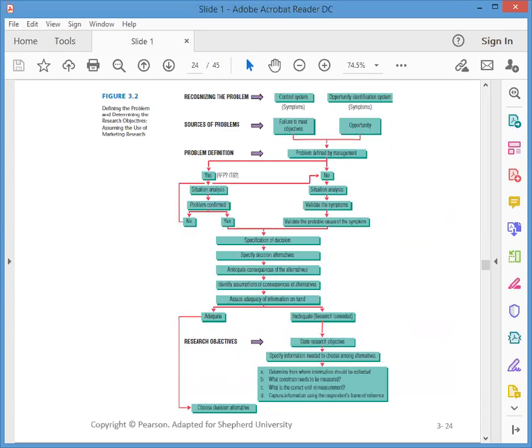Oftentimes people or organizations have opportunity identification systems also, and they may alert us to a potential opportunity in the market. So with those two things, an opportunity or a failure to meet objectives, those are sources of problems. With that, we can define our problem.